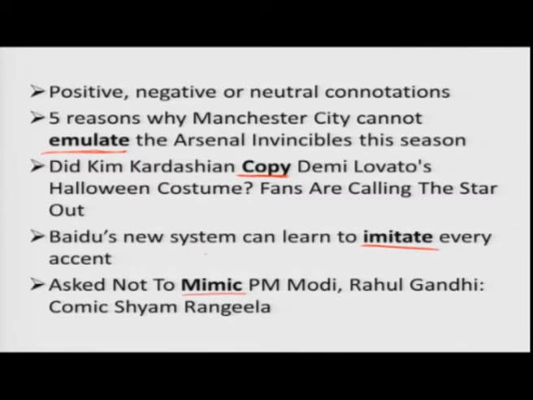Here we are referring to an artificial intelligence system. Therefore, the word we have used is imitate. You use imitate when not much creativity is involved, not much processing is involved, you are mechanically copying somebody or something.